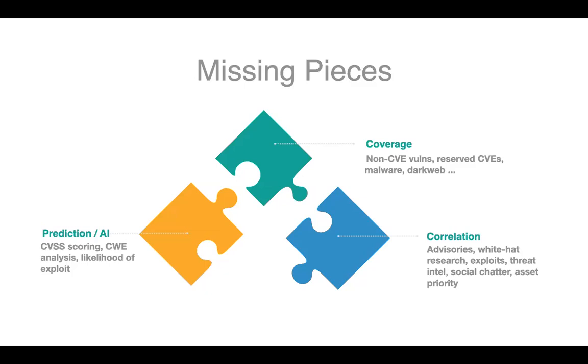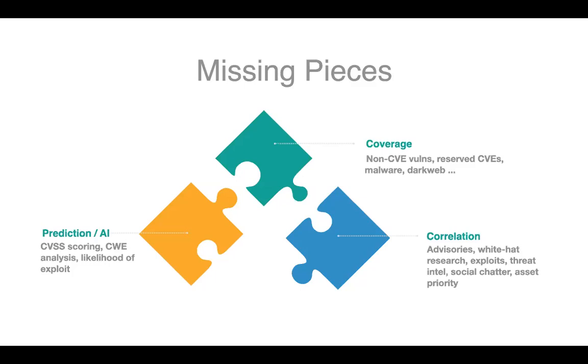If your process is to remediate CVSS 7 and above, and I have a vulnerability that doesn't yet have a CVSS number, then I probably just leave it. But if I predict what that CVSS number is, then I can roll that into the pipeline and fix that vulnerability, even before it's been fully cataloged by the National Vulnerability Database.